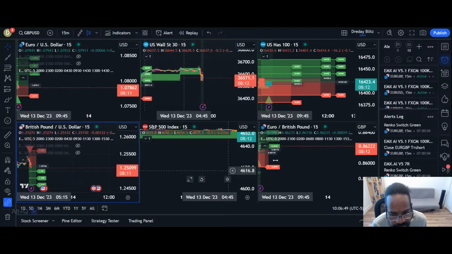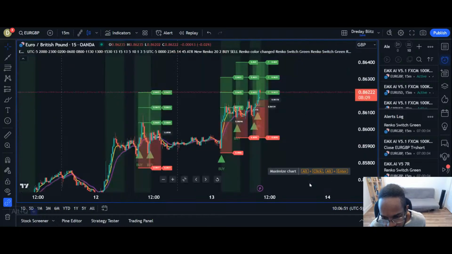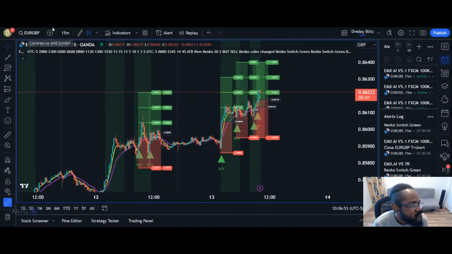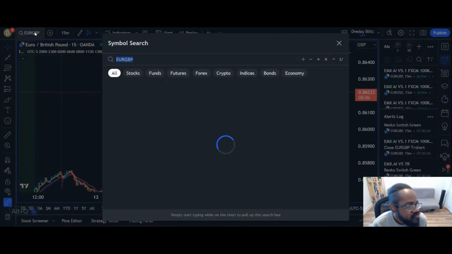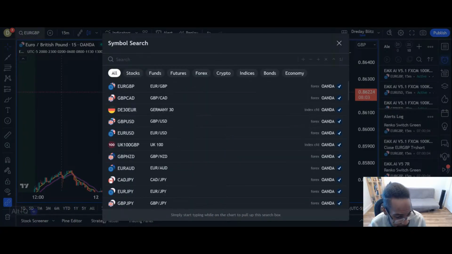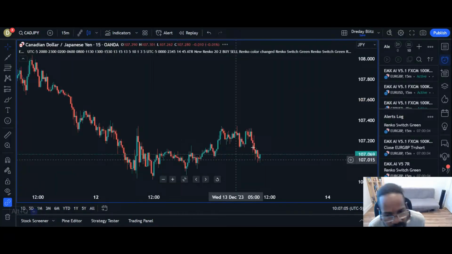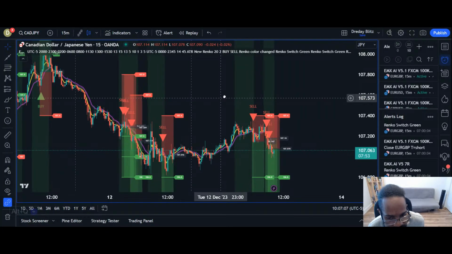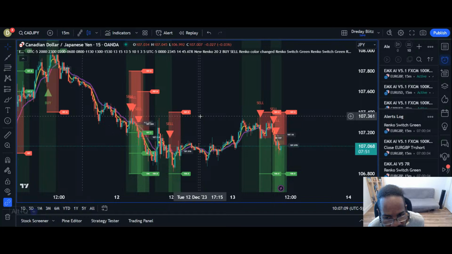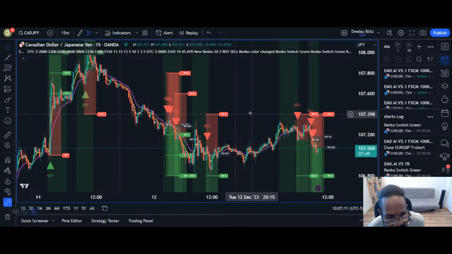Let's see. So if we had GCAD as a sell, that means CAD JPY would be going long, right? But it's not.